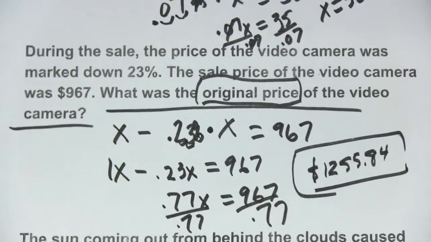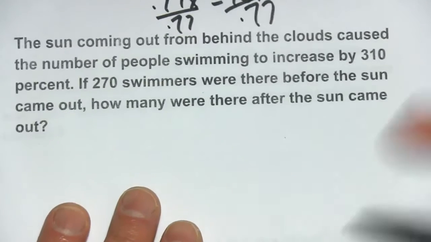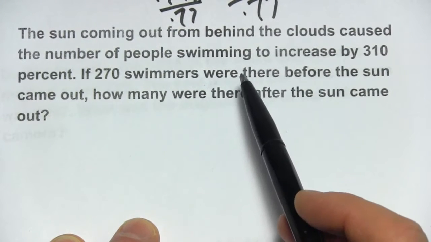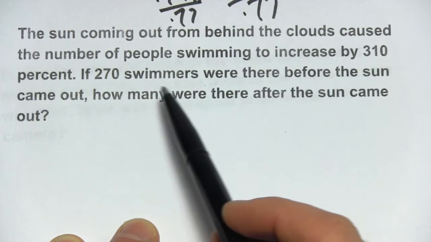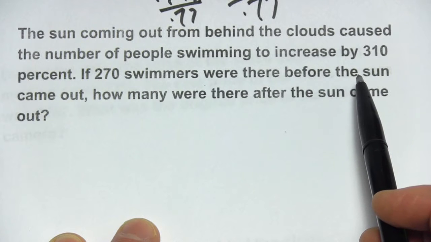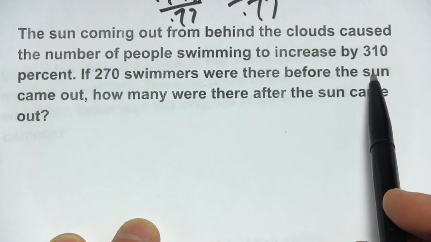All right, let's try one more. So this one says, the sun coming out from behind the clouds caused the number of people swimming to increase by 310%. It's important to know what that means exactly.